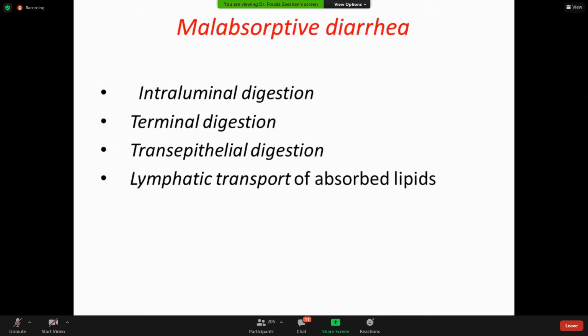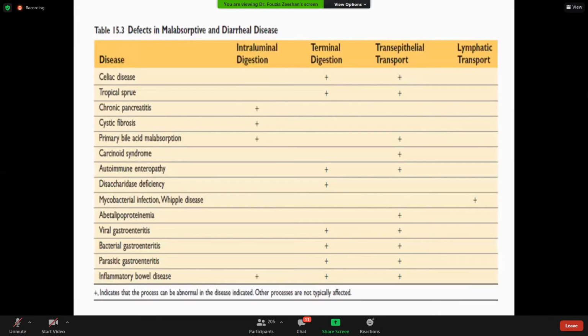So let's move on. Look at this chart. In this chart, they have discussed the diseases and the level of malabsorption that further leads to diarrheal disease. Similarly, in celiac disease, what happens? There's a defect in terminal digestion. In tropical sprue, again, terminal digestion and transepithelial transport defect.